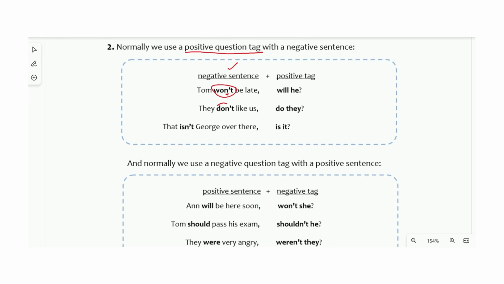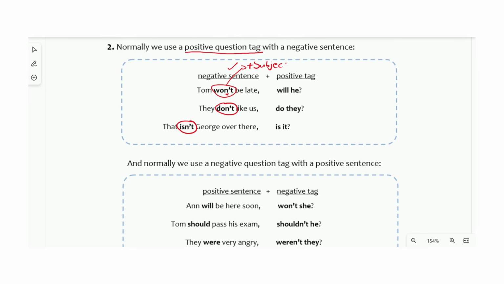"They don't" is a contraction for "do not," like us. This is negative. "That isn't George over there." This is an auxiliary verb that we are going to use to formulate a question tag. Every time it's going to be an auxiliary verb, plus the subject of the sentence.